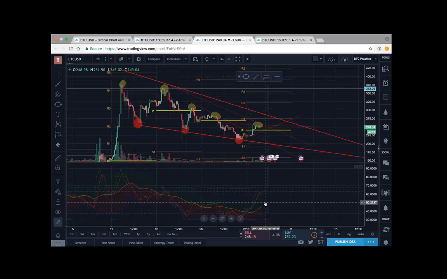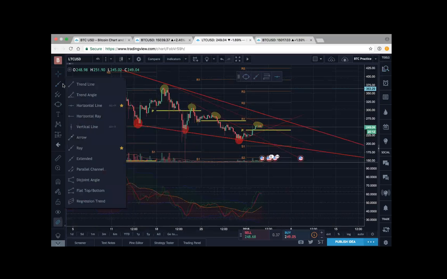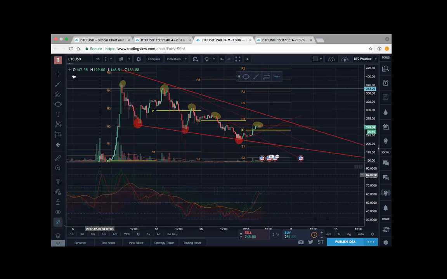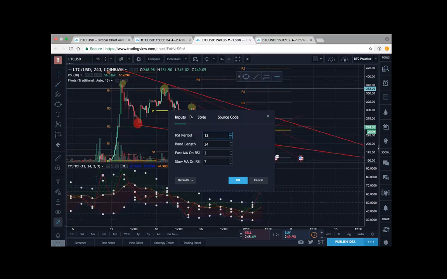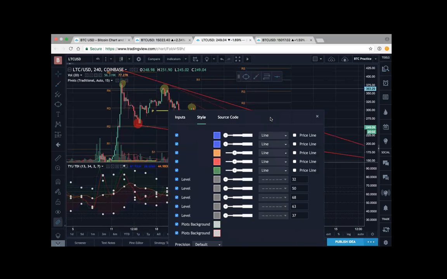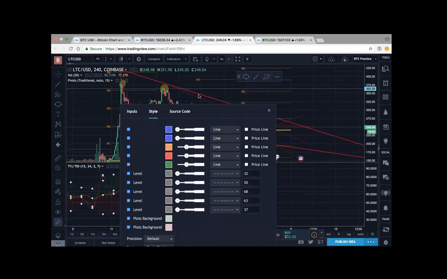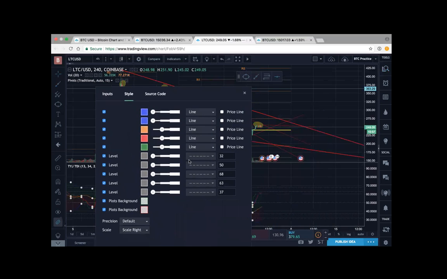Okay, hold on, let me draw that. I'm going to put this on your chart right now, so it's a little easier for you to see. I need to add in the level 60. You're going to have to explain what those levels are. Yeah, I'm going to explain all of these to you as well.